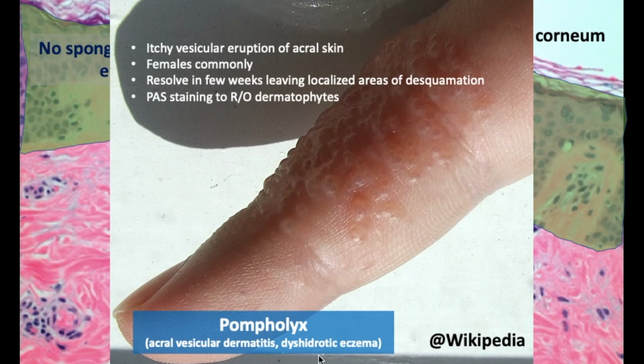It used to be called dyshidrotic eczema, but Weedon discouraged using this terminology because the literature has found that it has nothing to do with sweat problems.